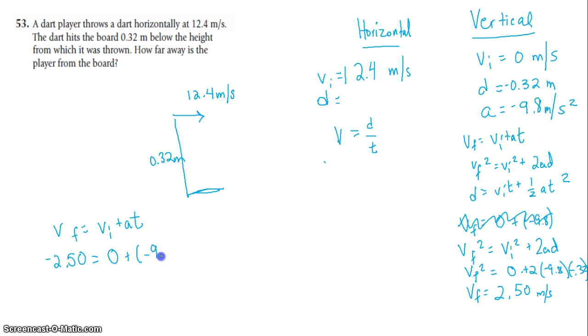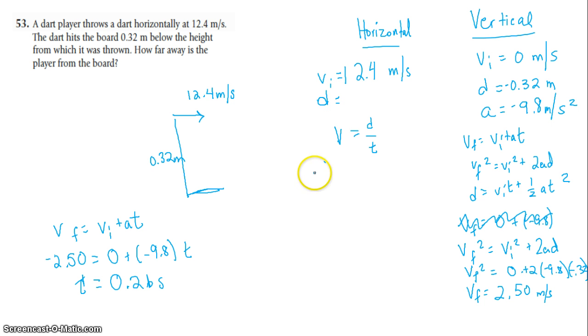The acceleration is negative 9.8. And we don't know the time. So let's take t equal to 2.5 divided by 9.8. And we're going to get 0.26 for the time it takes that dart to travel. Seems like a reasonable time for a dart to fly through the air.